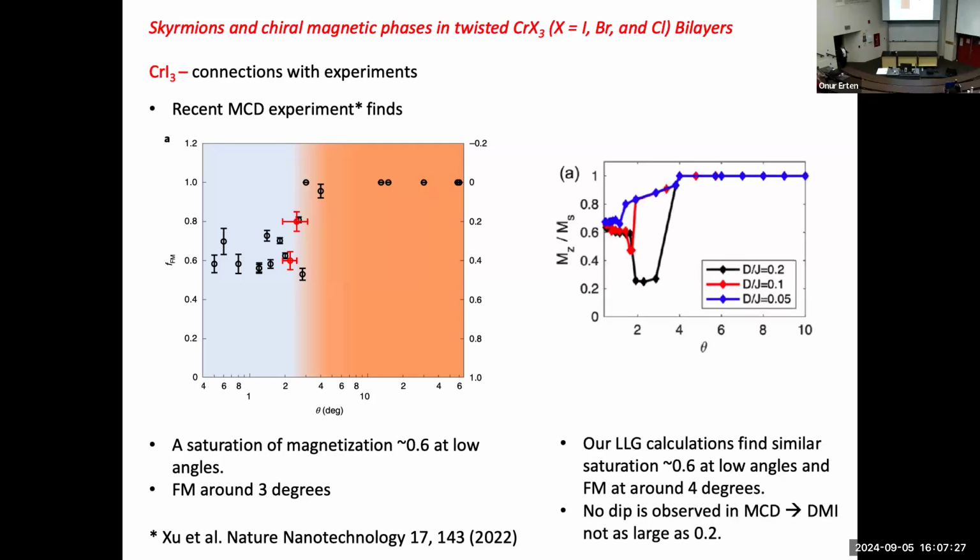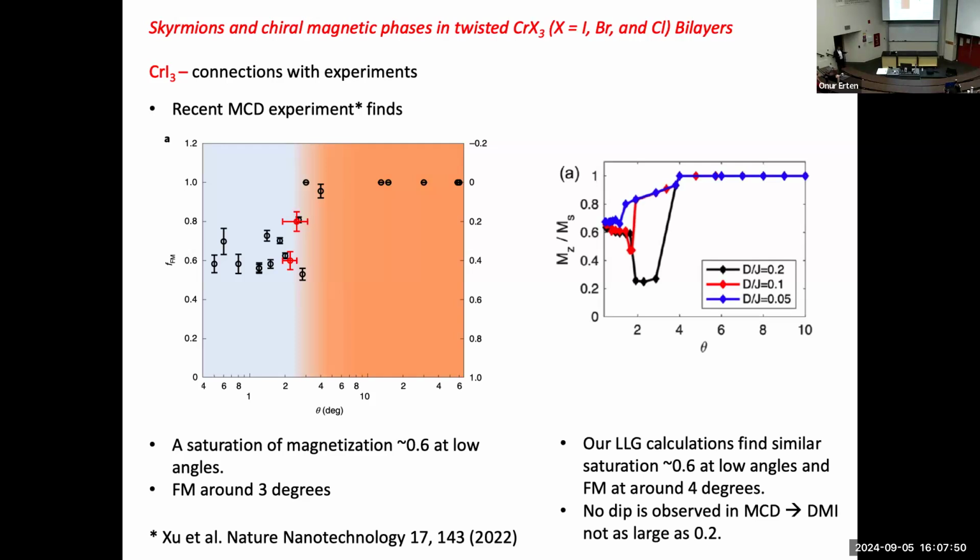If we compare that with our results, we find something quite similar. In our case, this drop happens at 4 degrees instead of 3 degrees, but it's good enough. And at low twist angles, the magnetization saturates to about 0.6, similar to experiment.